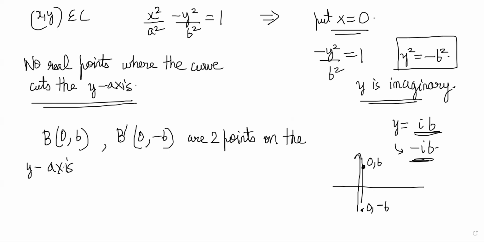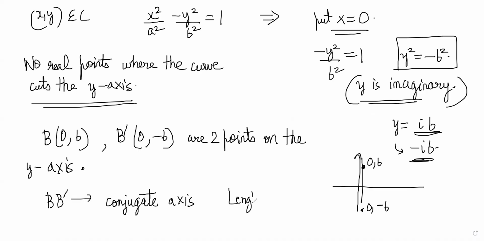So the axis BB' is known as the conjugate axis, and the length of the conjugate axis is equal to 2b.